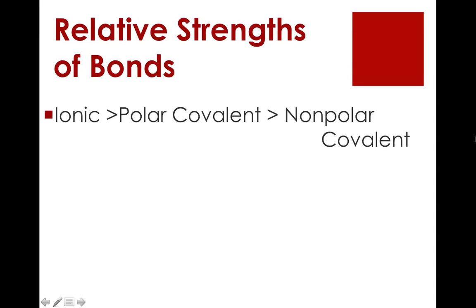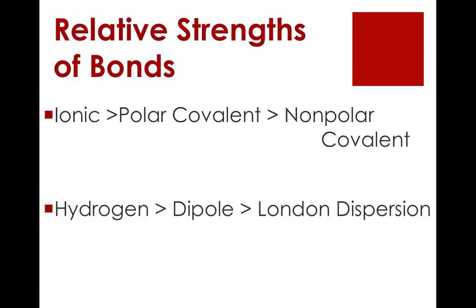But then how about these intermolecular forces? Hydrogen bonds are going to be the strongest, remember, most important. Next one is dipole interactions, and then at the very end is London dispersion. And remember, London dispersion is very random. It goes on and off, in and out all the time, so they're very, very weak and they're very sporadic.